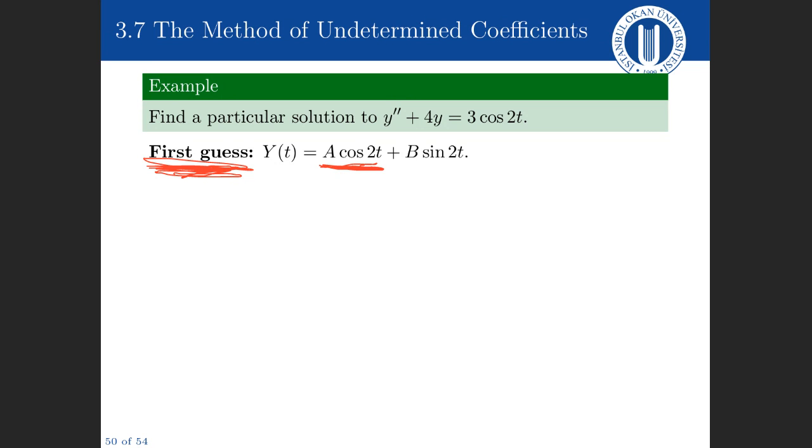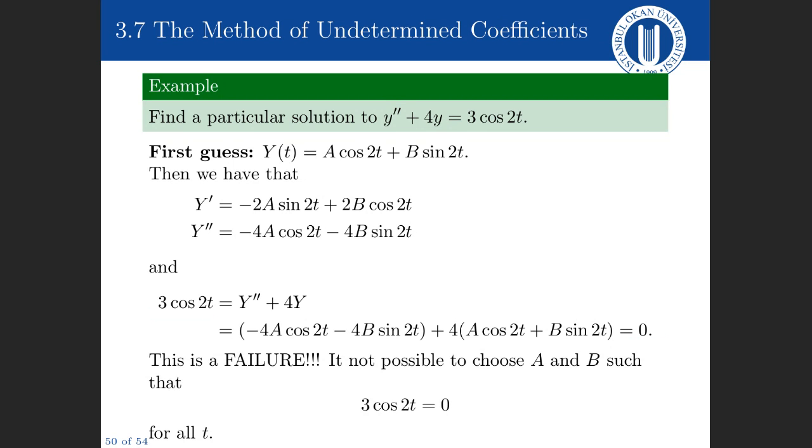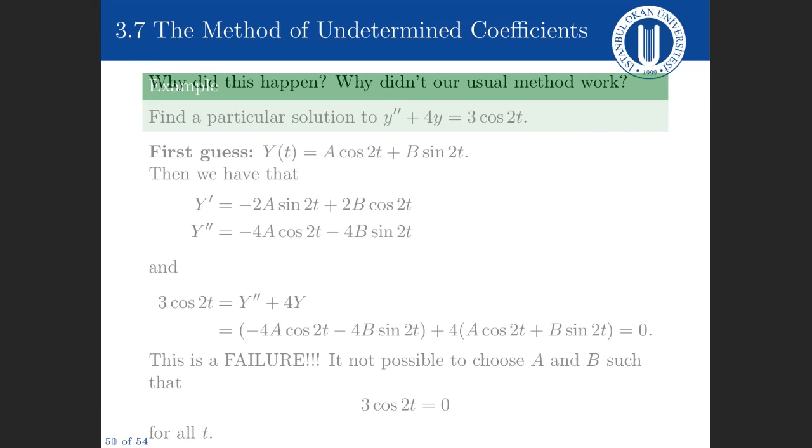So we must also have a number multiplied by sine 2t. Differentiate and put into the equation, we get 3 cos 2t is equal to 0. And this must be true for all t. But no, that's not right. This is a failure. It's not possible to choose the constants A and B such that 3 cos 2t is equal to 0 for all t. This guess did not work.